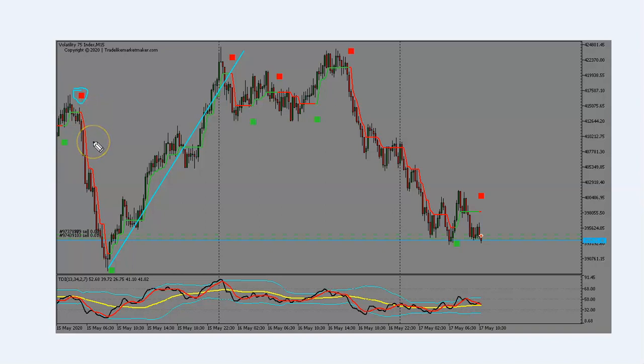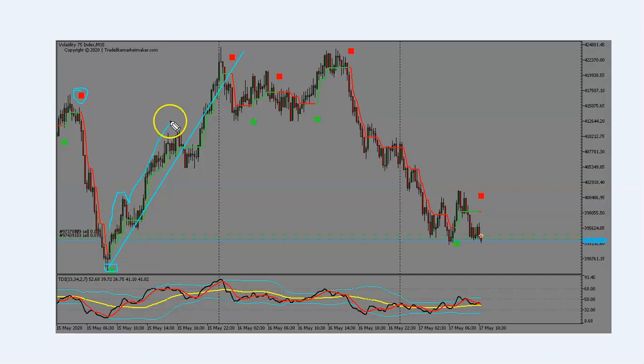The valid signal that you should trade is the signals that confirm in line with the market trend. This was a valid signal. You see this green box here? This was a valid signal for the bullish continuation. And then since it confirms here, it goes all the way up.